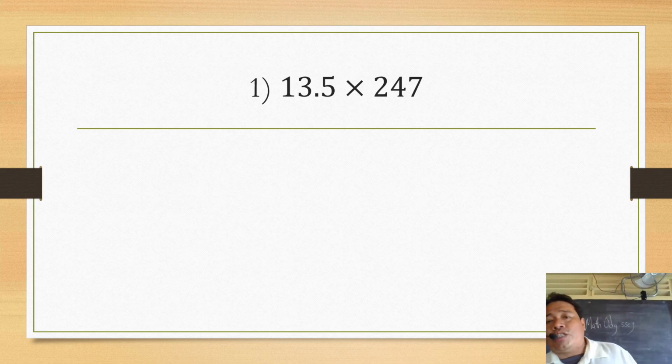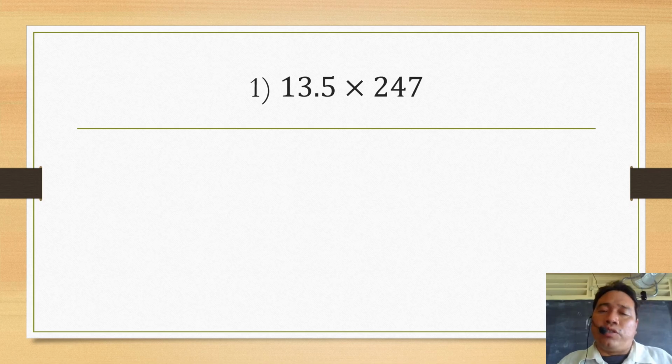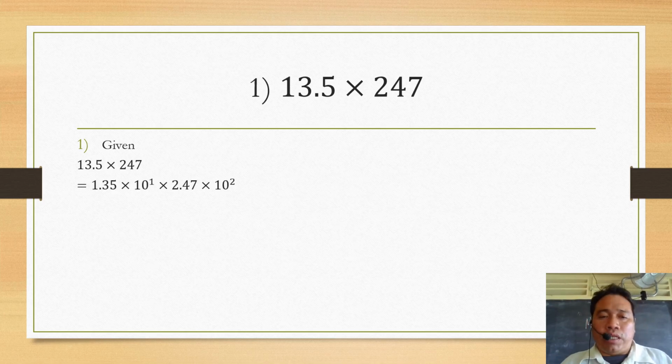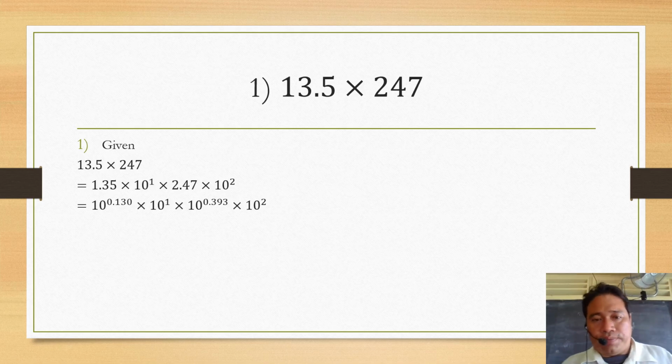So the first question is 13.5 times 247. We start, number one: given 13.5 times 247 is equal to 1.35 times 10 to the first times 2.47 times 10 to the second.